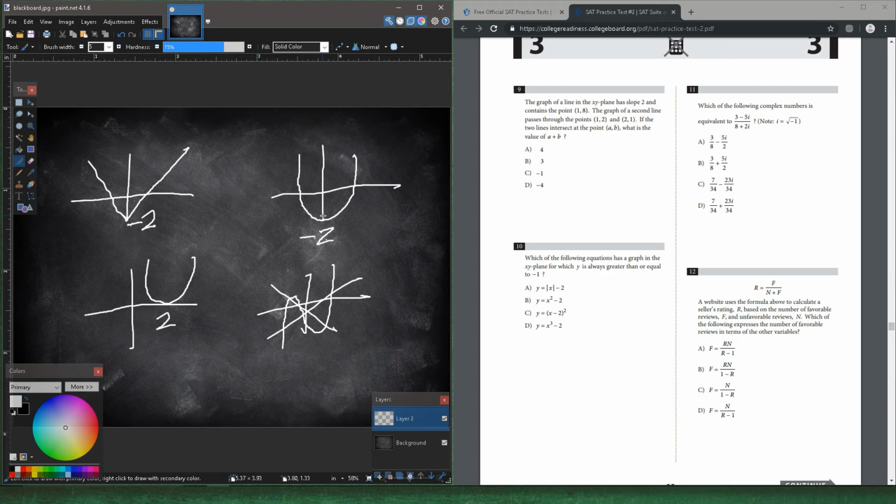So any number negative 2 and above is wrong, so B and A are incorrect. That only leaves answer C, which makes sense because it's greater than or equal to negative 1, because it's only got to be 0 or above. So the answer is C.